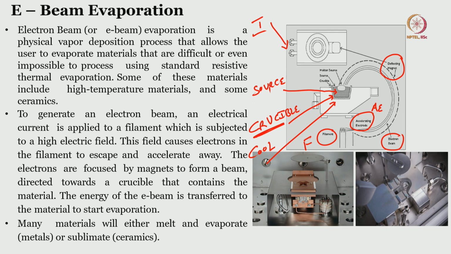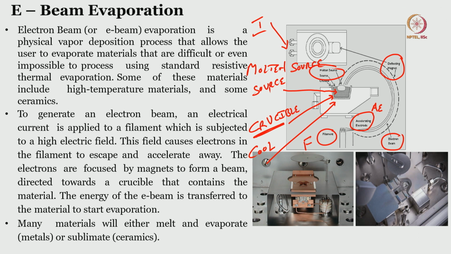When it is incident on the source, the source will start heating and melting, and that is why you can see here something written, molten source. When the source melts, what will happen? It will start evaporating. When it is evaporating, it will start depositing onto the substrate.